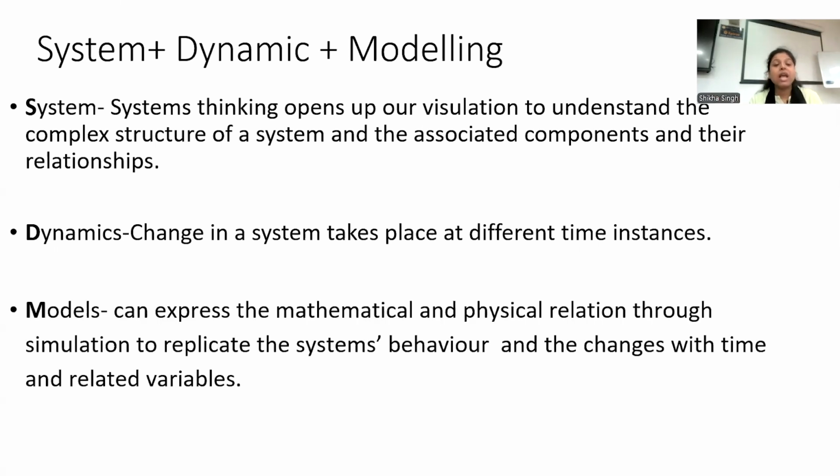Then you see models. Models can express the mathematical and physical relation through simulation to replicate the system's behavior and changes with time and related variables. Moreover, if you try to model a system, it is usually very important to break the system into smaller components, right?